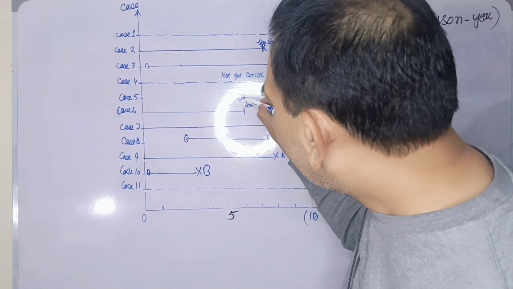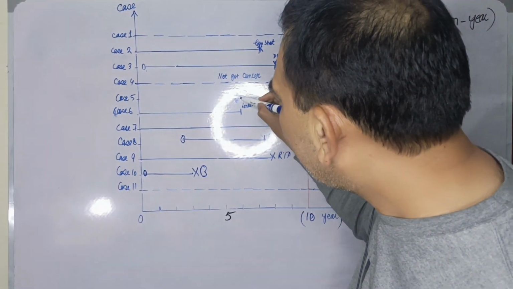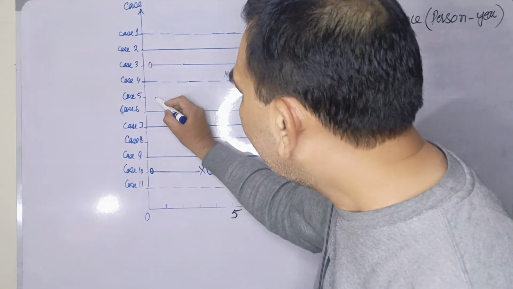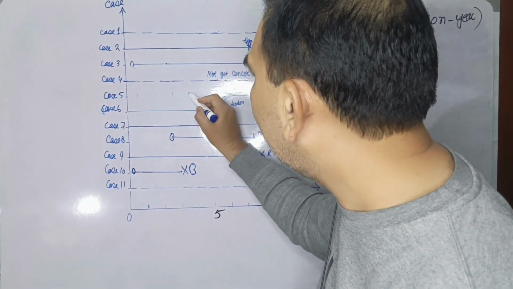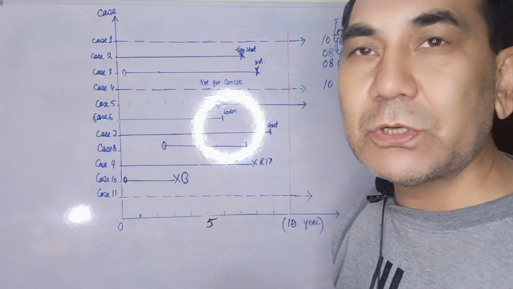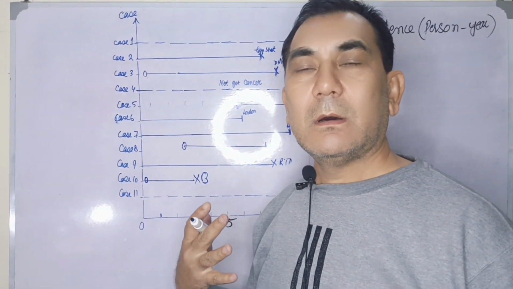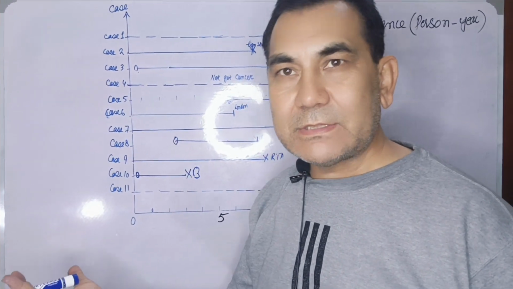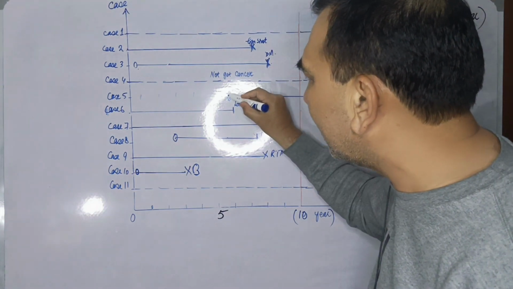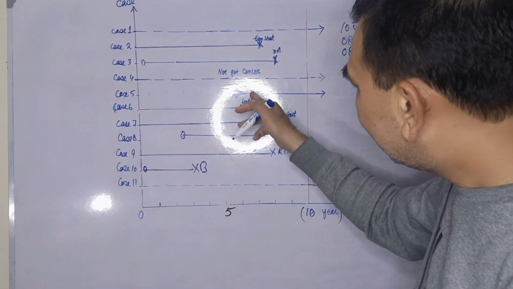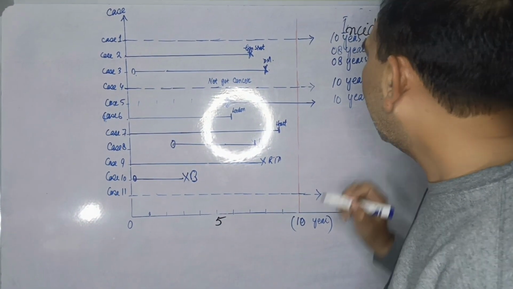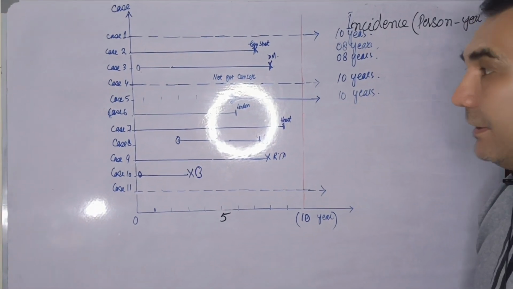The onset of cancer occurred in the sixth year, but in the 1, 2, 3, 4, 5 years he remained exposed to the high risk of getting cancer, and the cancer was diagnosed at the 6th year. So these 6 years and these 4 years become 10 years.